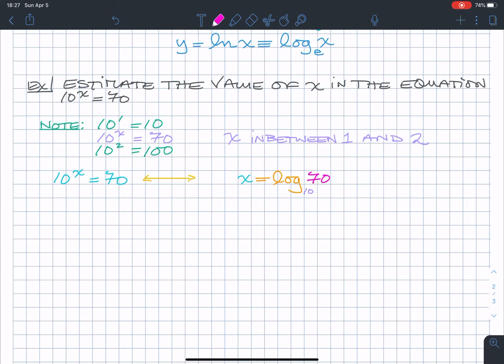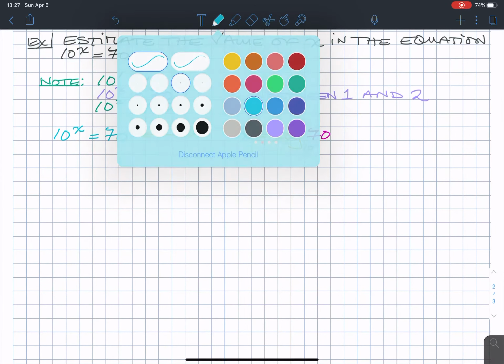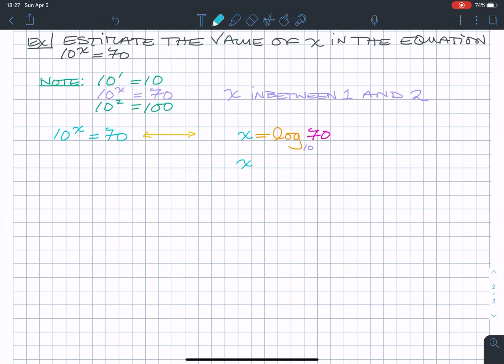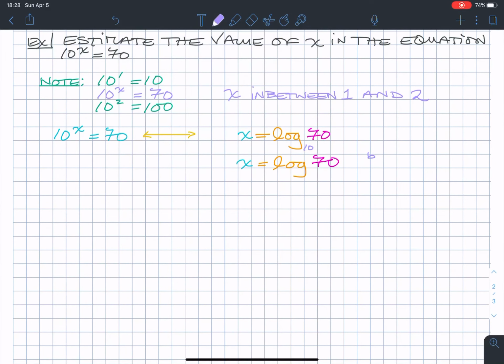Agreed? Base 10 raised to the answer x is equal to log of 70. So in this case, x is actually equal to the common logarithm. So this is just log of 70 because the base is 10. So it's a common logarithm.